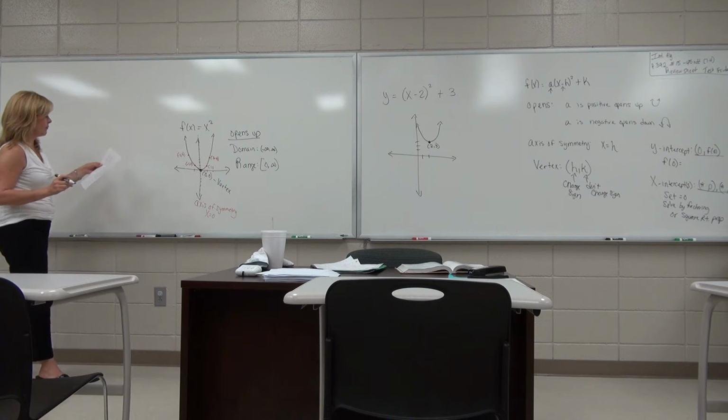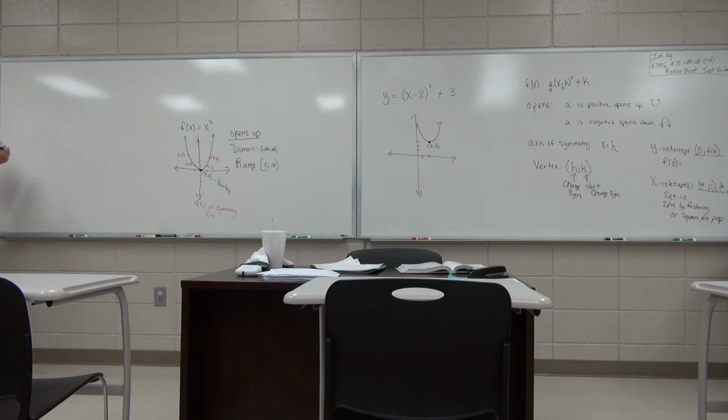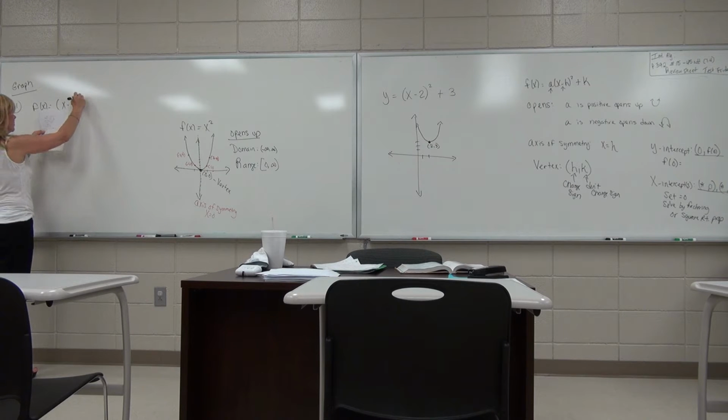Alright. But let's look here at, let's see if you're told to graph. In number 1, we want to graph f of x is equal to (x minus 5) squared minus 4.